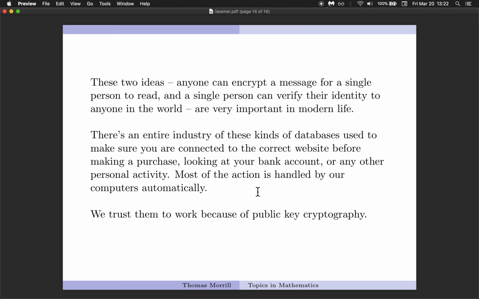You wouldn't be able to run the internet as it exists without these things. You could even combine them. You could have one system for signing messages, and then take that signed message and encrypt it using someone else's public key, so then they would be the only person who can read the message, and once they have it, they could verify that you are the person who sent it.